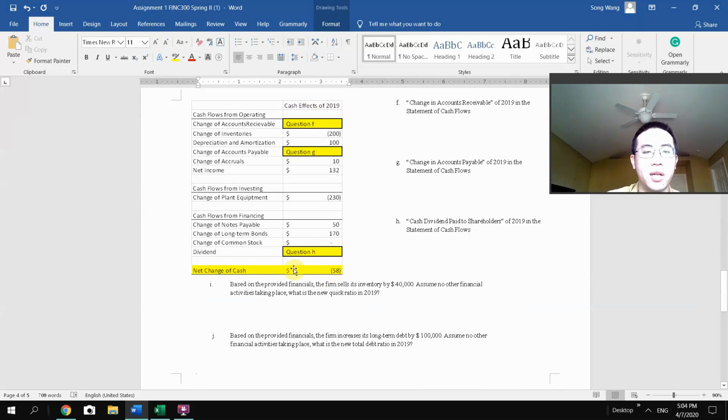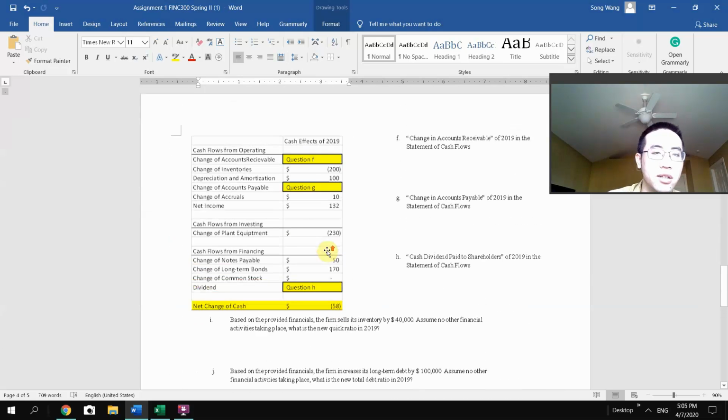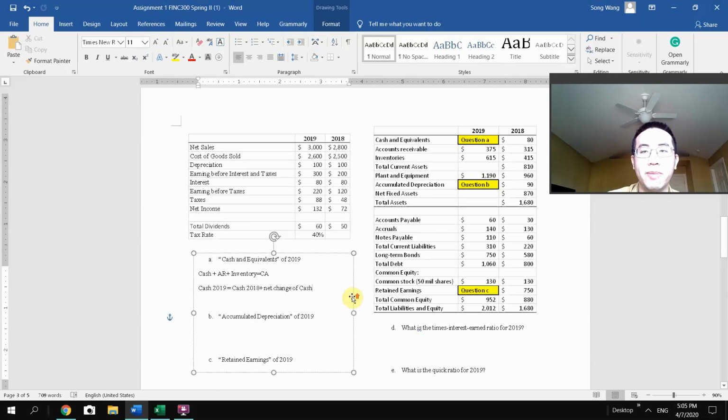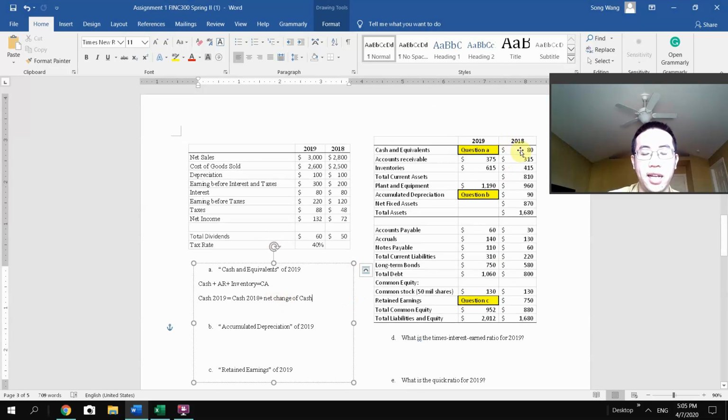If you browse the statement of cash flows, you would see the net change of cash is negative 58. That comes from all of these activities joined together, reducing the cash by $58. So basically, this would be 80 plus negative 58.